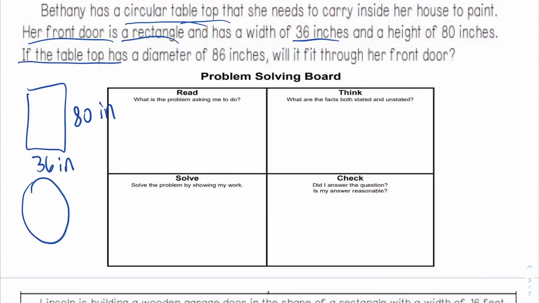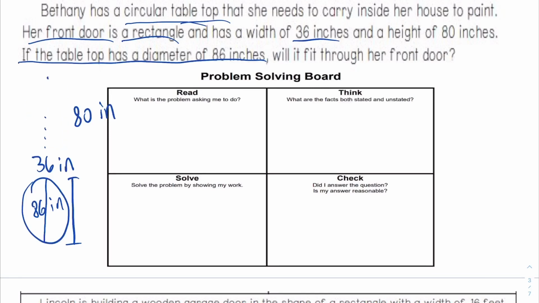If the tabletop has a diameter of 86, will it fit through her door? All the way across that circle is 86 inches, and we want to see if it fits through the door. Now, if this is 86 from bottom to top, but the door is only 80 from bottom to top, then it's obviously not going to fit like that. It's going to be too tall.